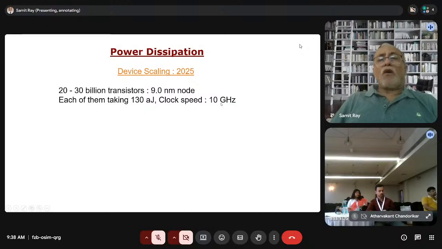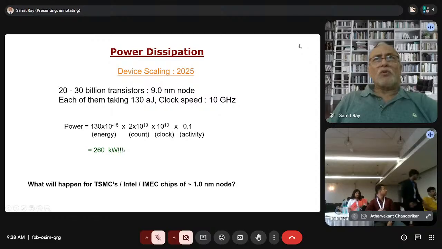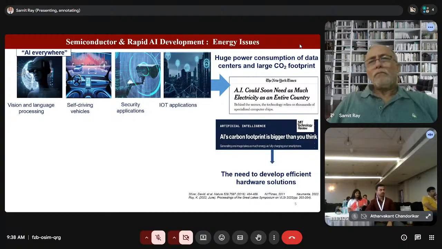Suppose it starts with a clock speed of 10 gigahertz. You can see that the power distribution in the semiconductor chip is in the range of 260 kilowatts, which is enormously high. So the question is, can we really go down to a 1 nanometer or 2 nanometer node? Then what will be the power distribution in the chip? And if the temperature goes up, what will be the power? That is the issue happening right now in device scaling.